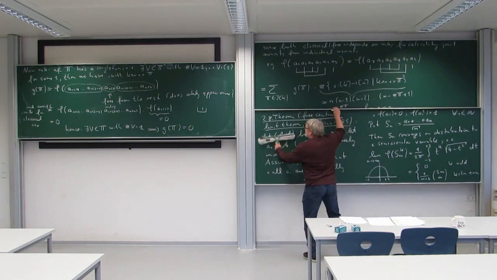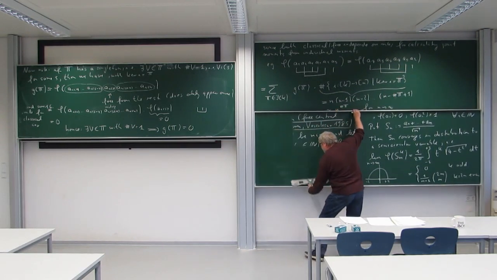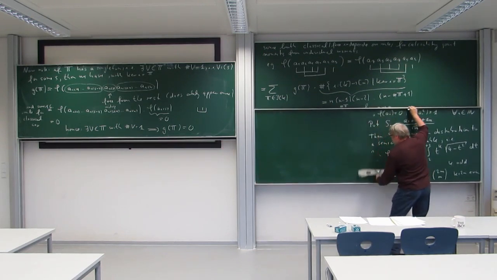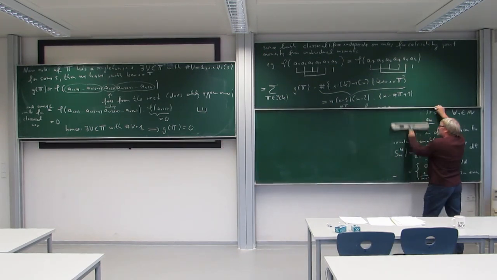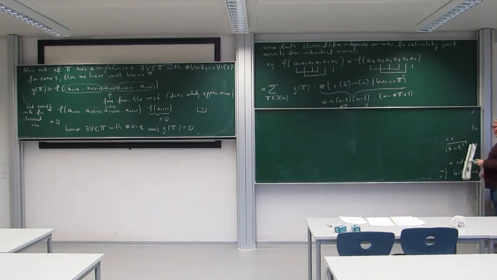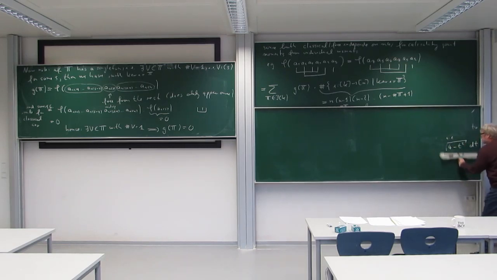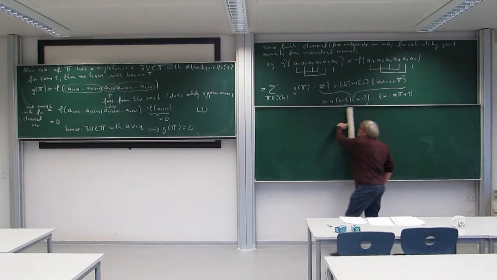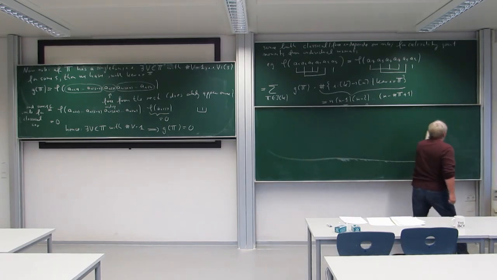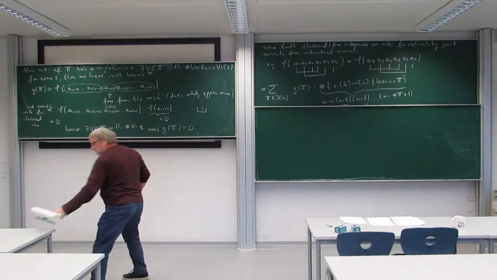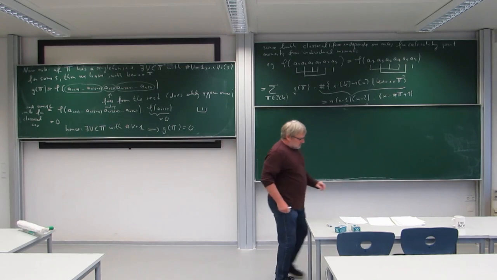So excluding singletons means every block contains at least two elements, but this means the number of blocks cannot be too large, because if I want a partition of k elements, and each block contains at least two elements, I can have at most k over 2 blocks. Good.